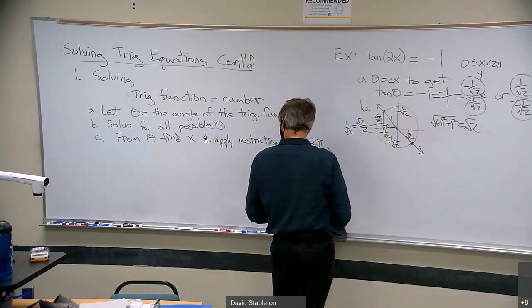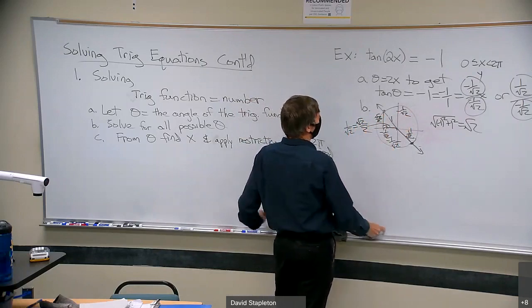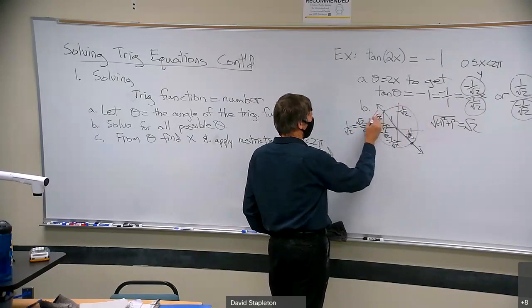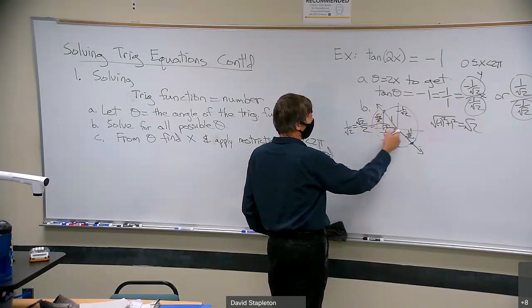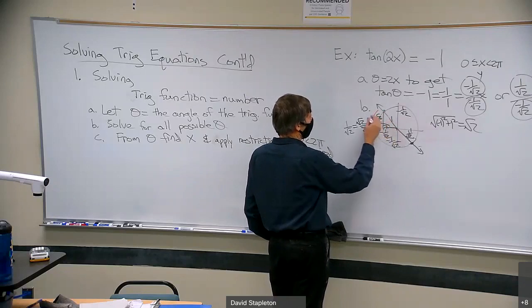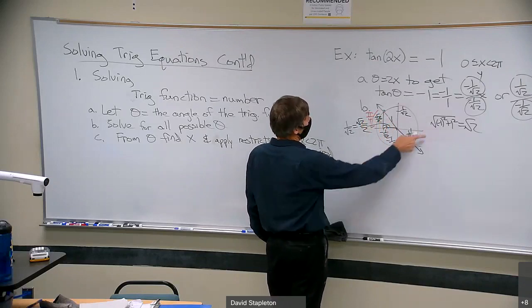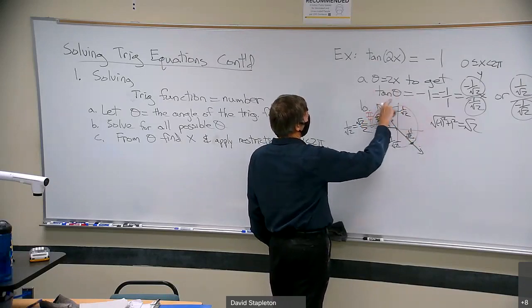But what I need here is the angle, right? I'm trying to find the angle theta that gets there. And so I look at the reference angle first, and I say, this is a 45, 45, 90 triangle. I know from its sides. Pi over 4, we're going to do these in radians. So what is theta? The angle in standard position that gets there. That's what I'm looking for, theta.